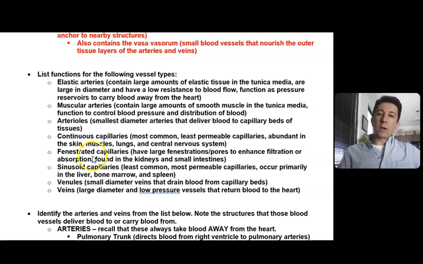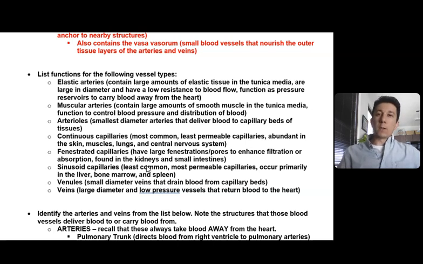The next capillary type are called the fenestrated capillaries, and the term fenestrated just means they have pores in them, and so these pores or fenestrations help to enhance filtration or absorption. For that reason, we find fenestrated capillaries in places in the body where filtration or absorption is really important.